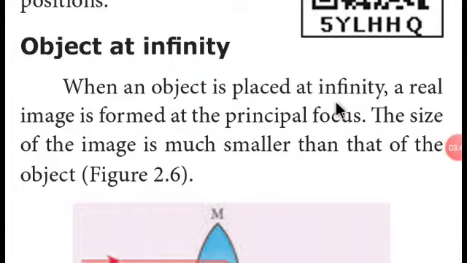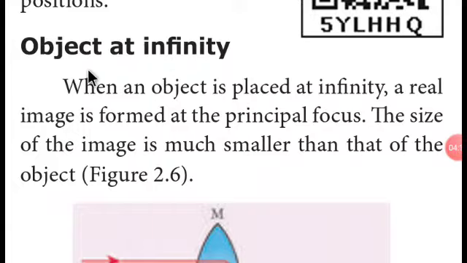But actually, if we take a lens which has a focal length of 5 centimeter, and we keep the object at 100-meter distance, then compared to that 5 centimeter, 100 meter is very large for that lens. So that 100-meter object will pretend to be at infinity, and that's what they are mentioning here.